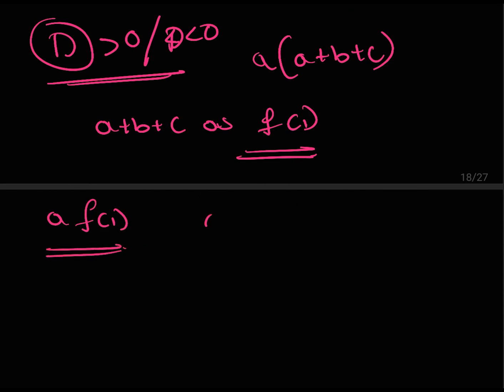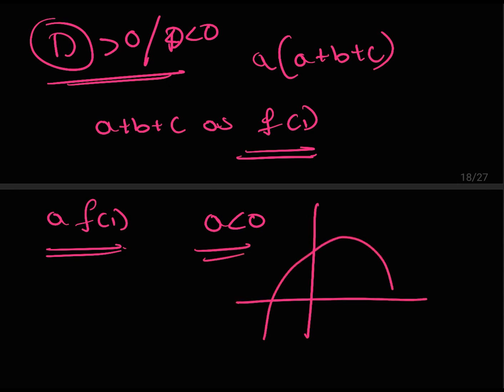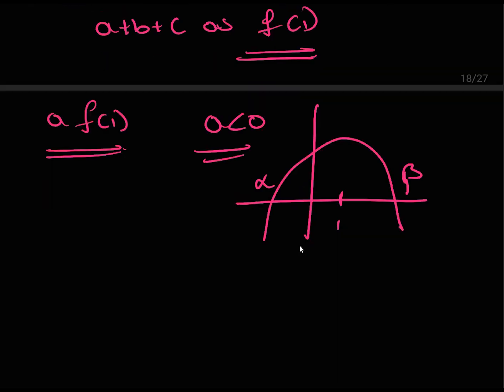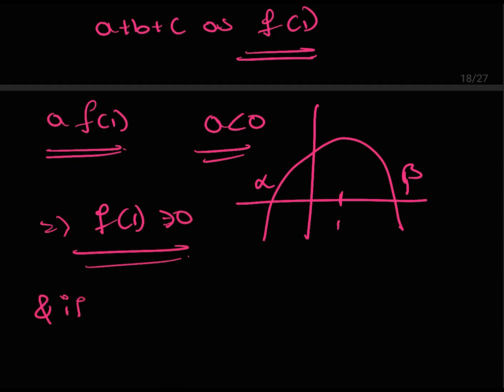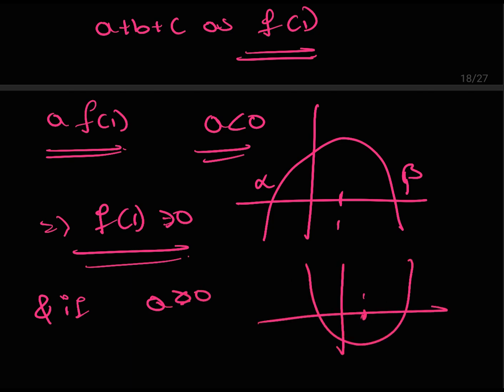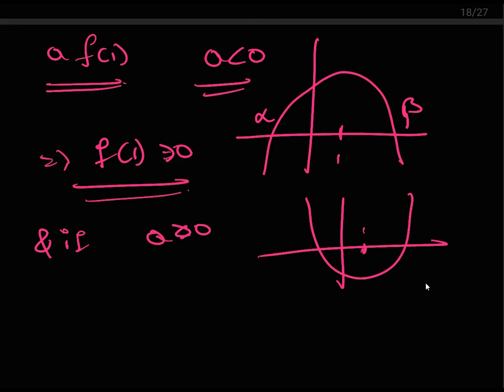Let us assume if A is less than 0, then the graph will be like this with 1 in the middle of beta and alpha. Then f of 1 must be greater than 0. And if A is greater than 0, then the graph will be like this with 1 in the middle.